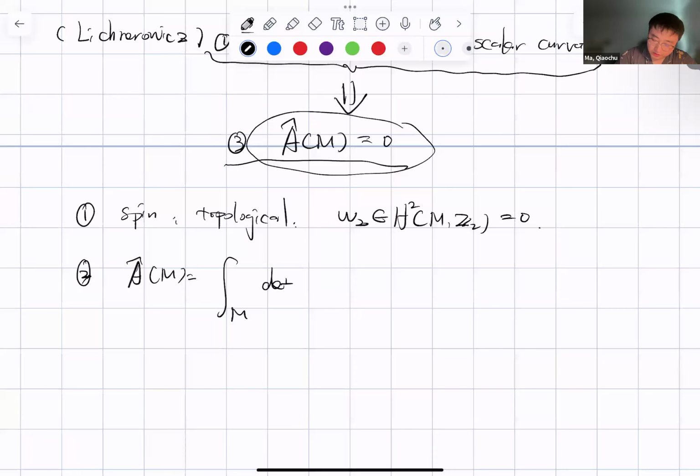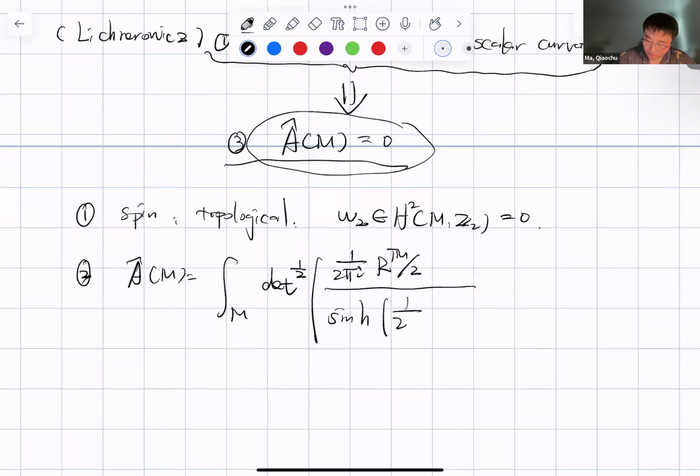This differential form is a little bit complicated. It takes this form, where R^TM is the curvature.